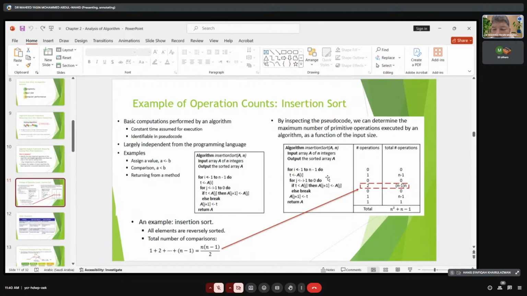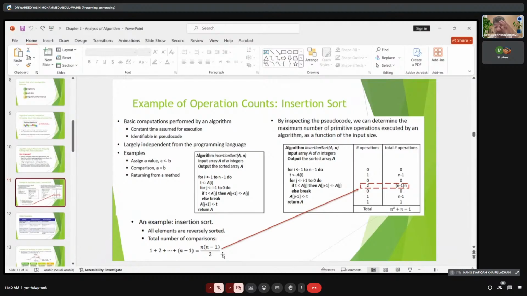This one, the operations, total number of operations. An example: total number of comparisons equals n multiplied by n minus 1, divided by 2.